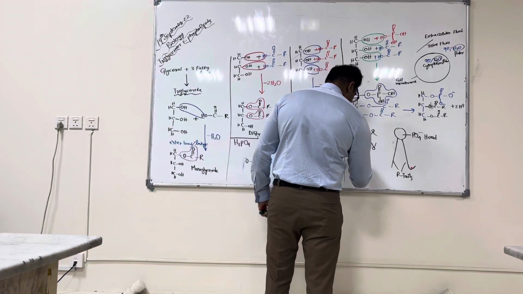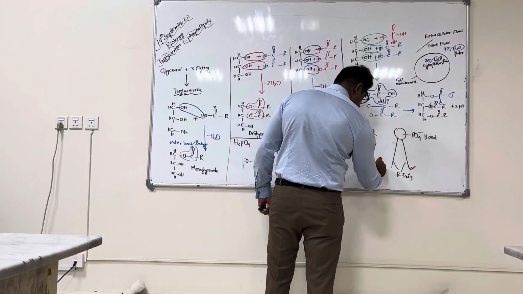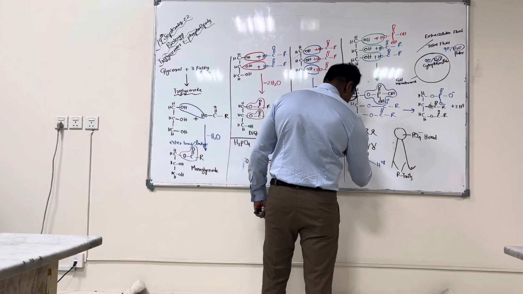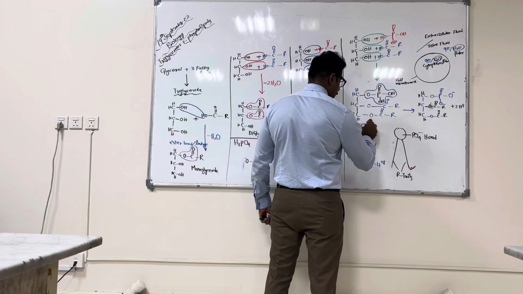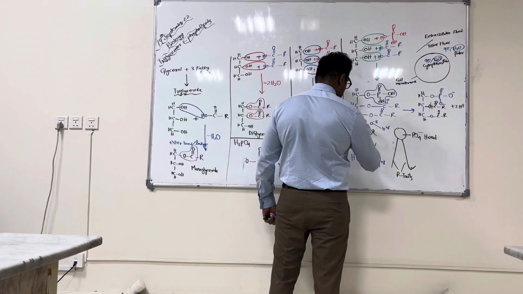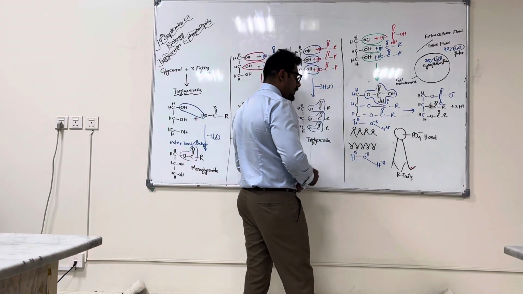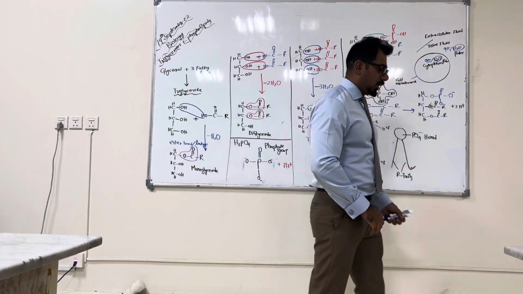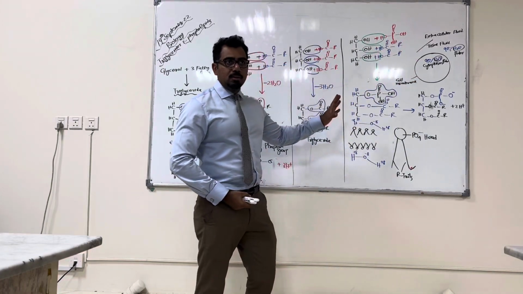There is water over here. I am mentioning it like this: partial positive, partial negative, partial positive. But the entire part will not be attracting it. Some part will also be repelling it. Don't worry, I am going there. I will explain that, inshallah.